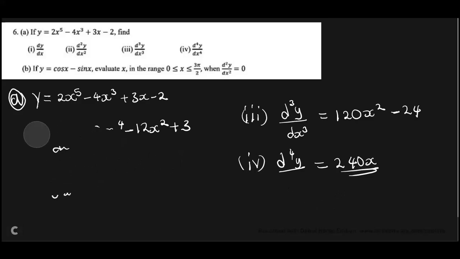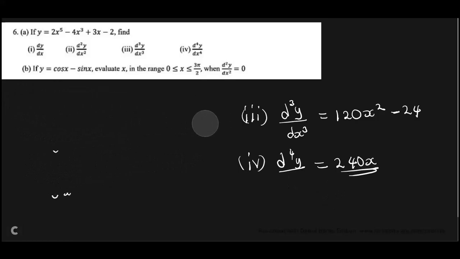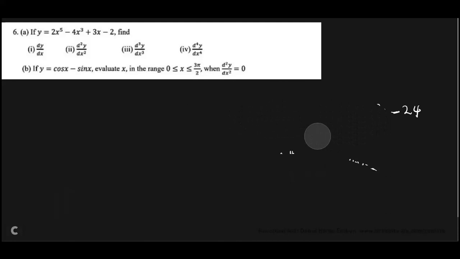The question is saying if y equals cos x minus sin x, then evaluate x in the range where x is less than 270. So how do we answer that one? We have y equals cos x minus sin x.